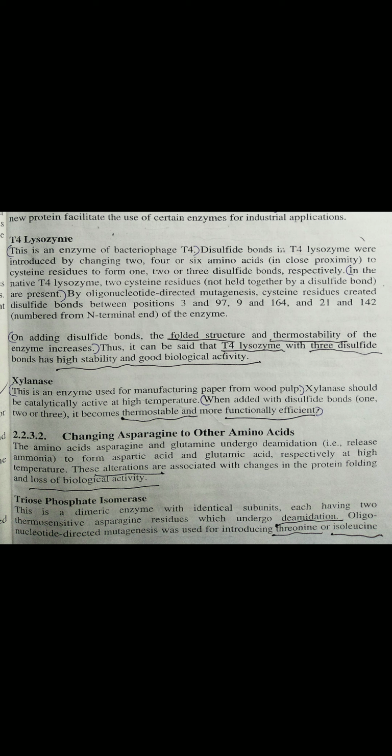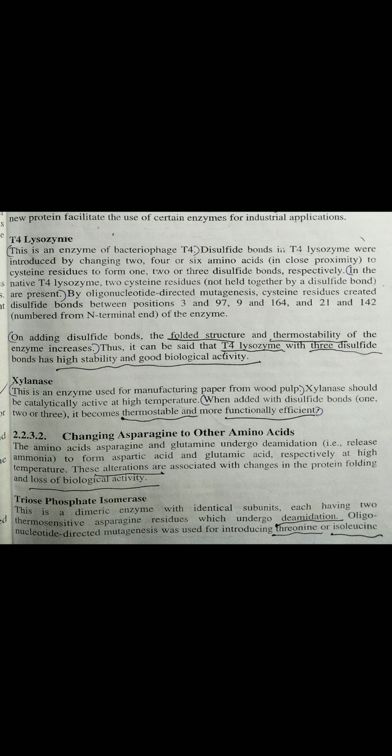We can understand this by using the example of triose phosphate isomerase, which is a dimeric enzyme, and it has subunits. That subunit has an asparagine residue, and that asparagine residue undergoes the deamidation process.